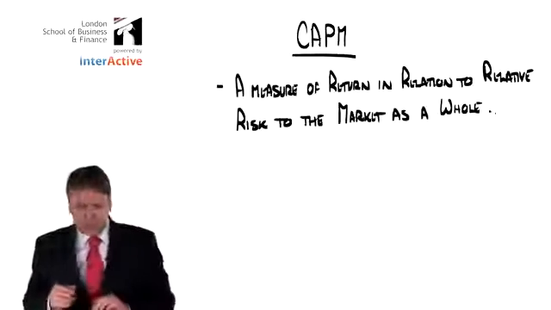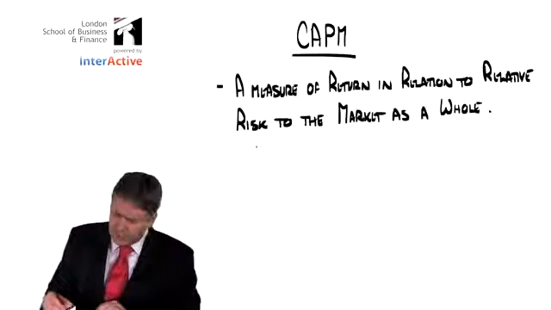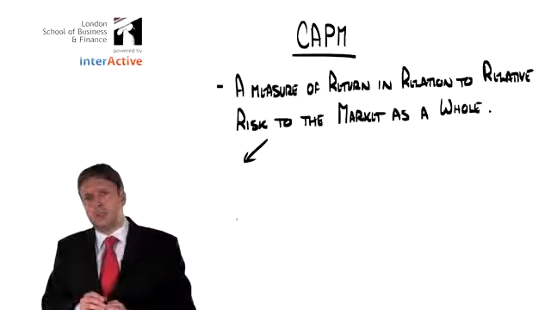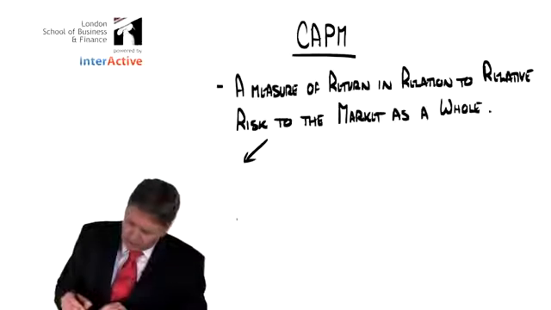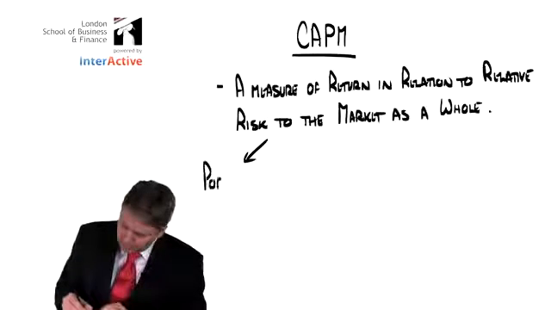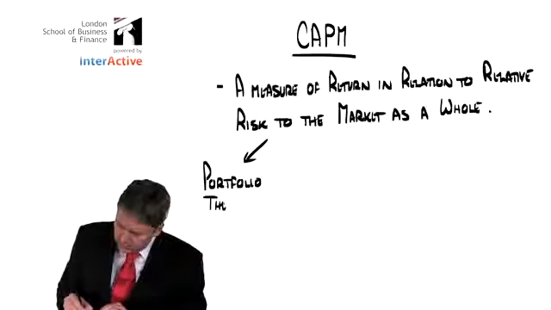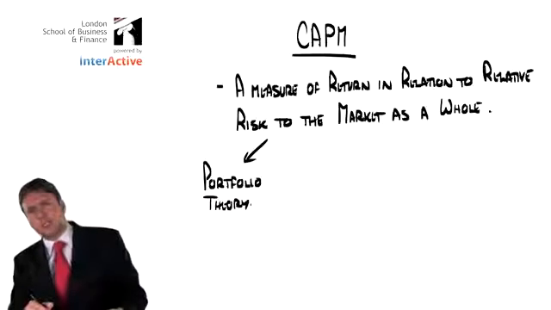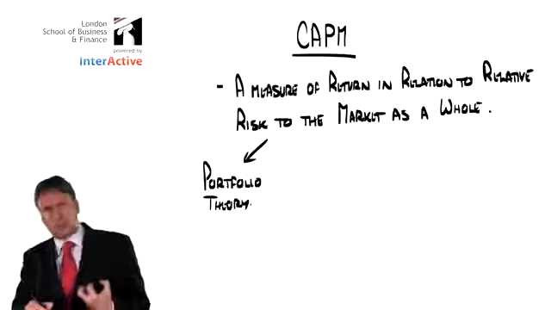Now, if that's the case, there are a number of things that we're going to have to discuss. Firstly, we're going to have to discuss something called portfolio theory. Not a difficult idea, but it underpins a lot of what we're discussing here.